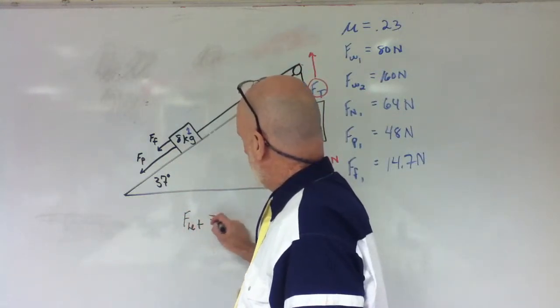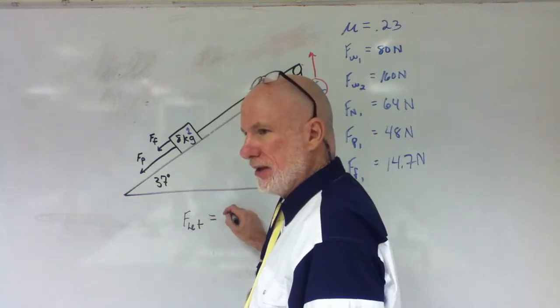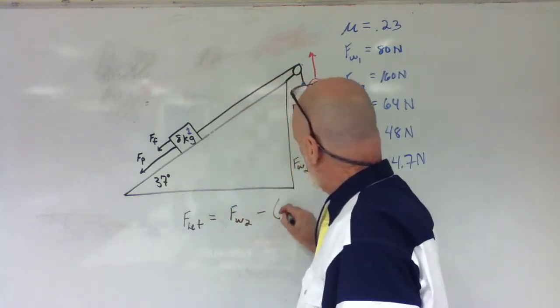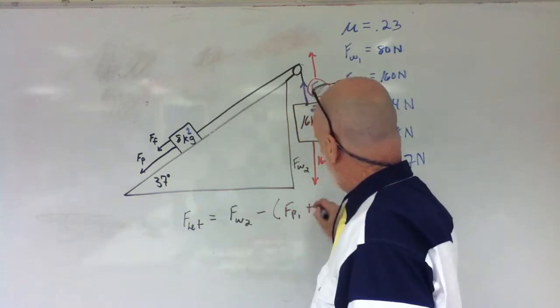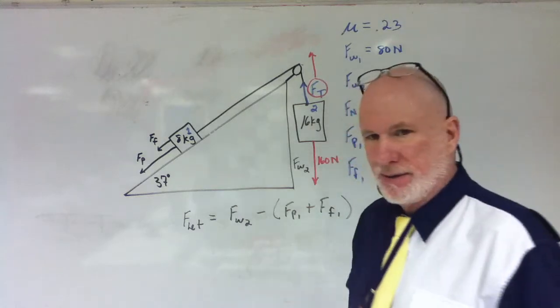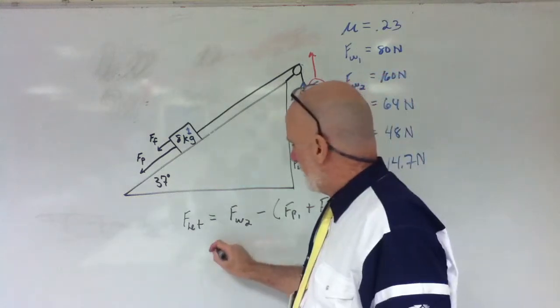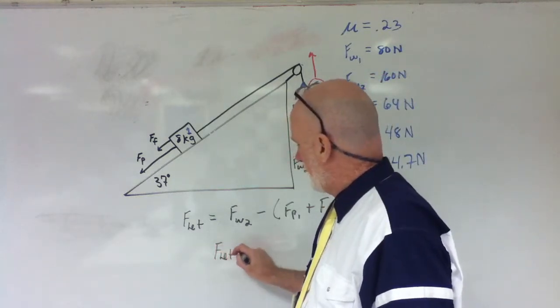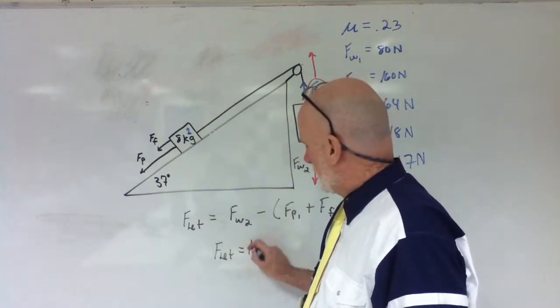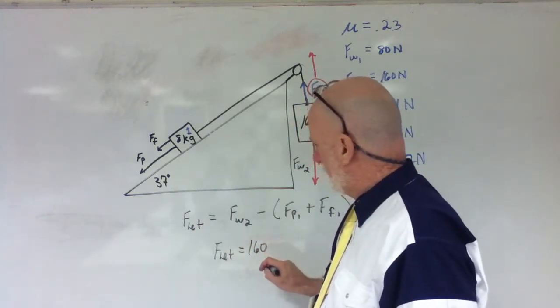So the net force equals the weight 2 minus FP1 plus FF1, correct? So that's going to be F net equals what? 160? 97. Correct?